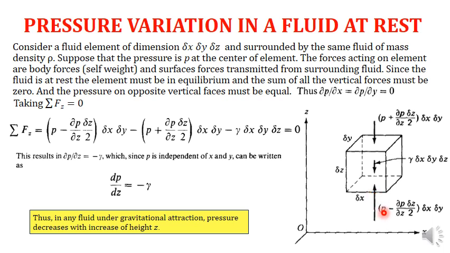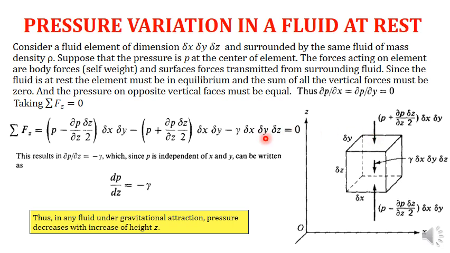It gives you this value, and delta x into delta y is the same area of this plane normal to which this pressure is exerted. In this way you can write the equation for the force exerted on the bottom surface and on the top surface of this element.